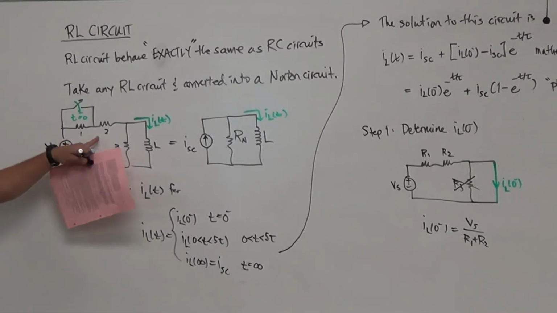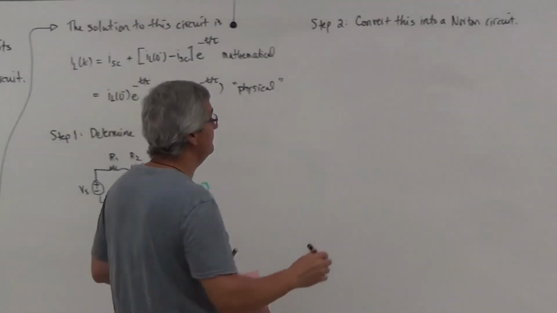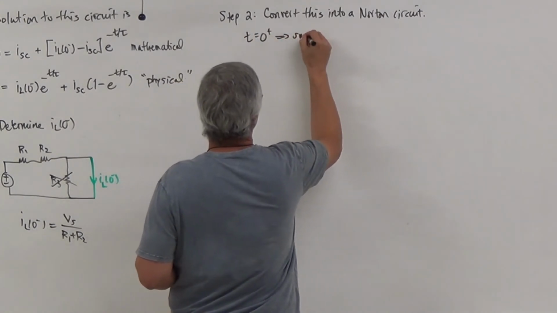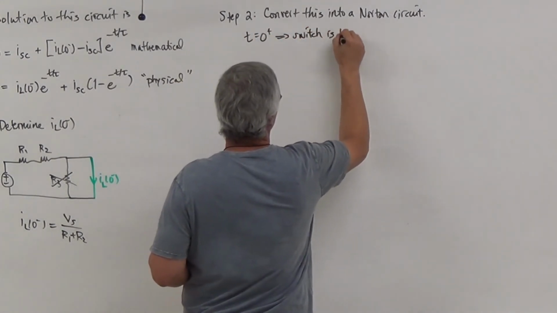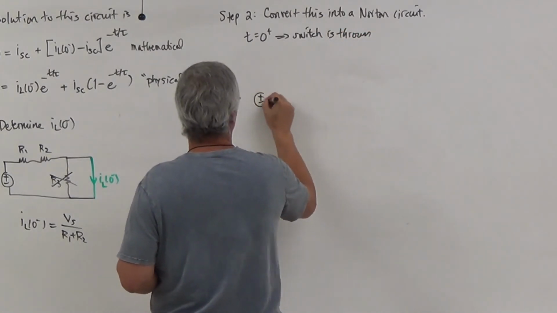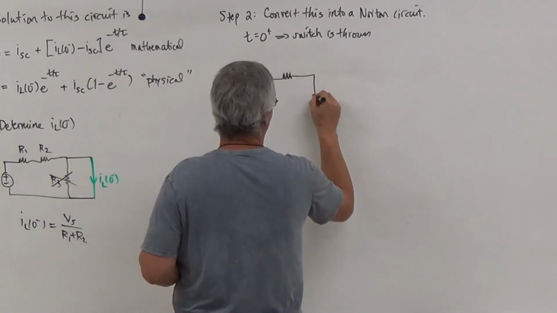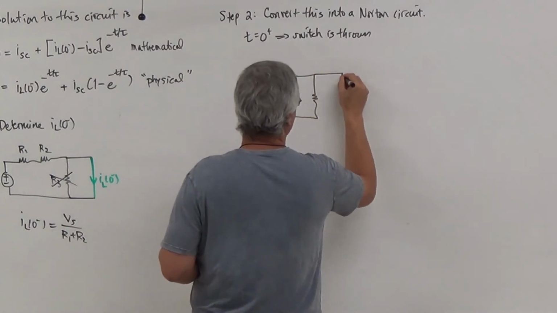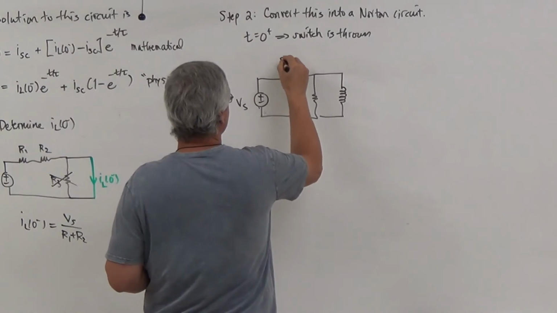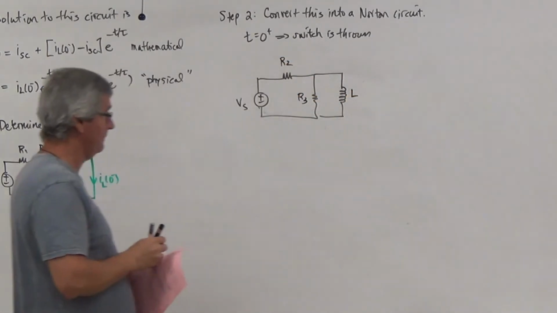So I'm left with R2 and R3. That means at t equal to 0 plus, the switch is thrown, and now my circuit looks like this here. I get 2, 3, and then in this case I have an inductor here. So this is R2, this is R3, and this is an inductor here.